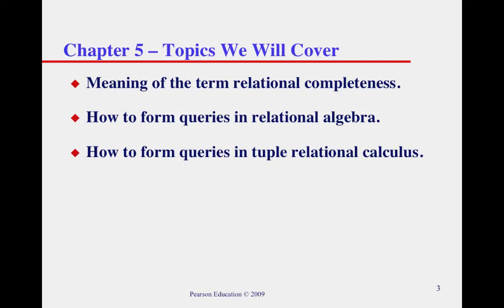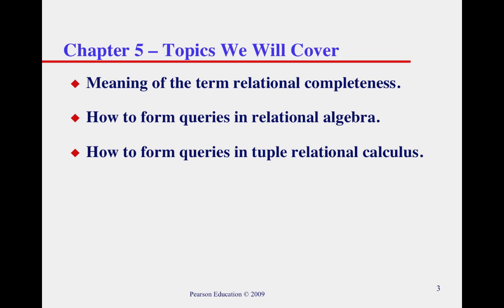Okay, so there are some things that we will be covering in Chapter 5. First, very simple, there is a term called relational completeness that we will get through very quickly. And then there are two different formal languages. One is called the relational algebra, and one is called the relational calculus.